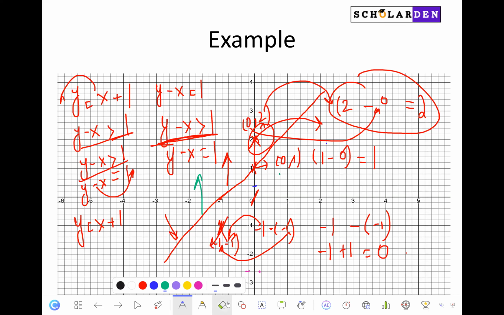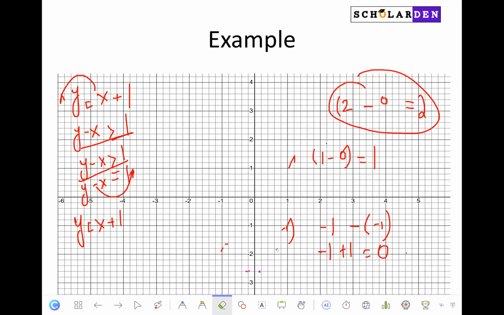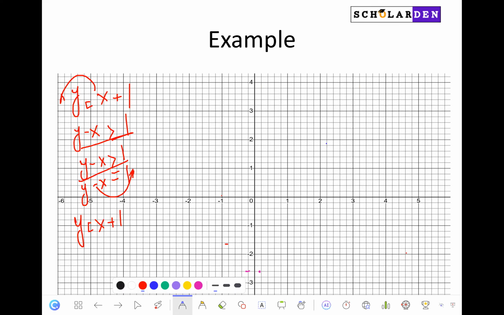Okay. So let me quickly redraw this for clarity's sake before calling it off. The original line over here was y is equal to x plus 1, right? So something like this.